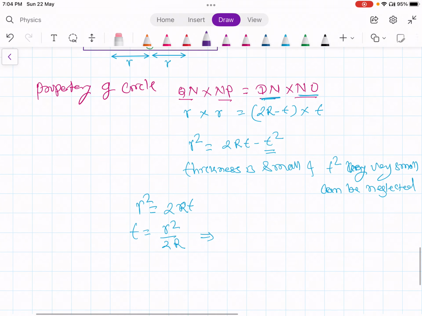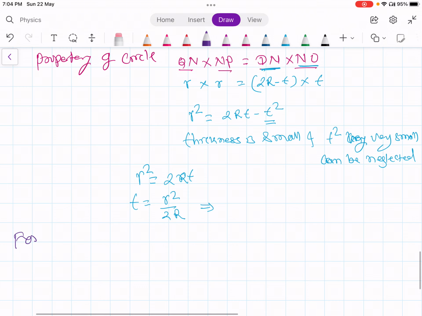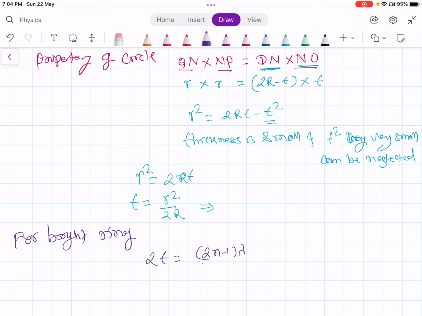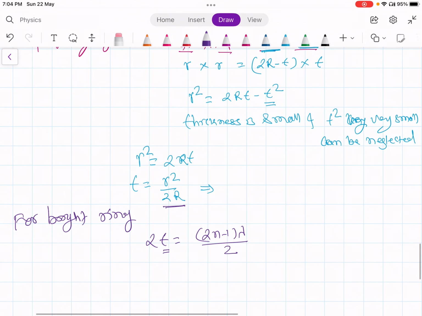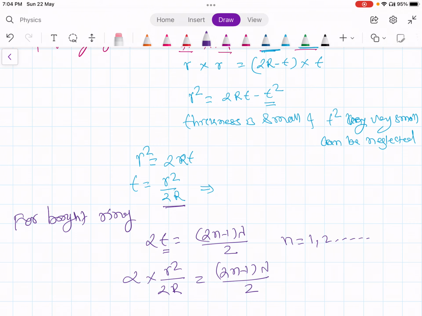So for the bright ring, 2t is equal to an odd multiple of lambda by 2. Let us replace this t with r square upon 2R: 2 into r square upon 2R is an odd multiple of lambda by 2. In this case, n starts with 1, 2, etc.